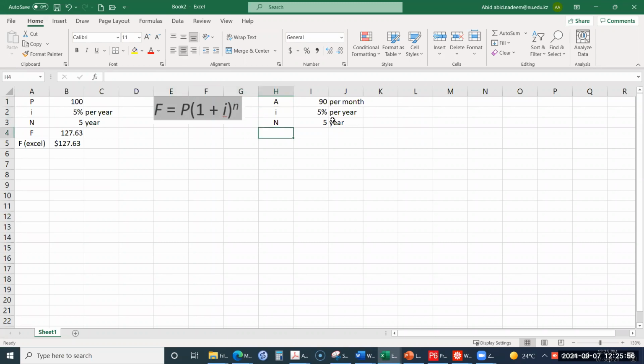Then what will be the value of F in this case?